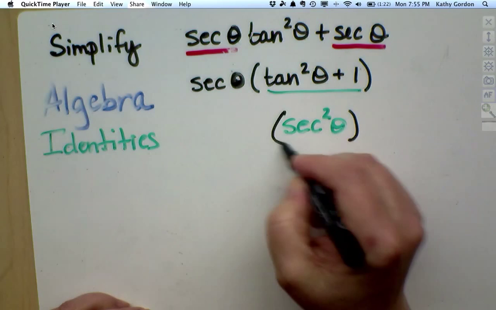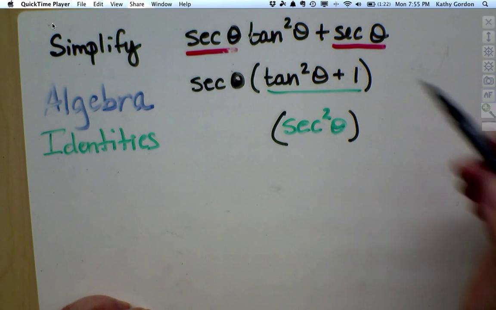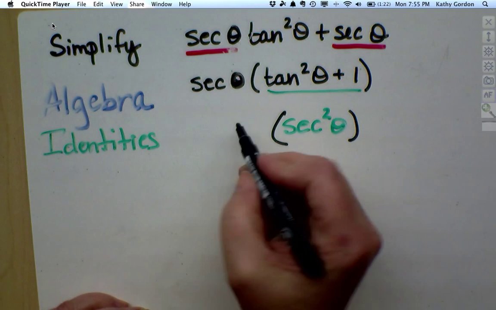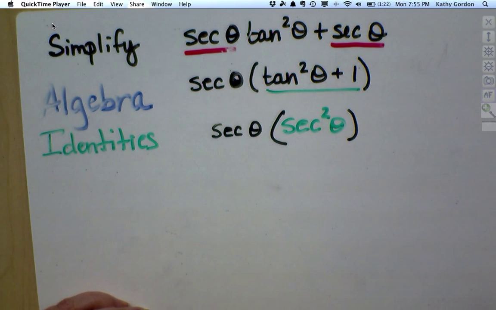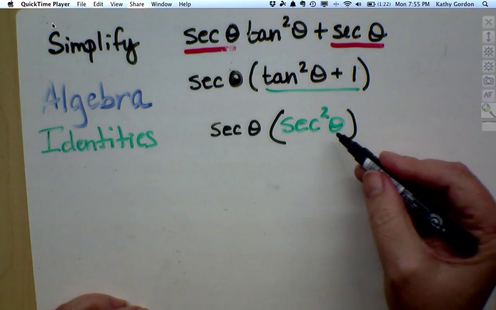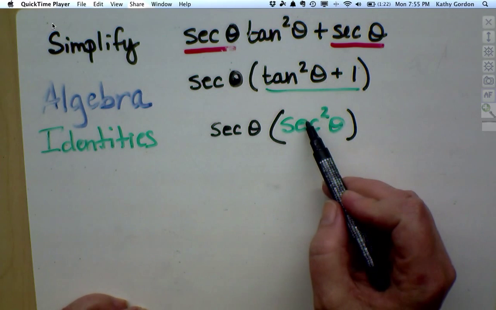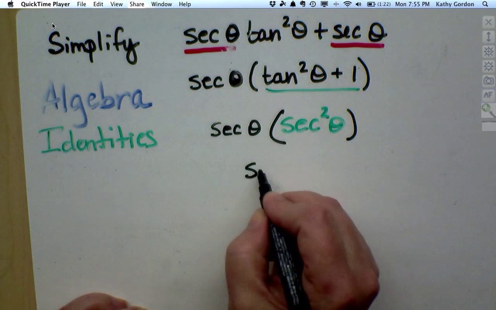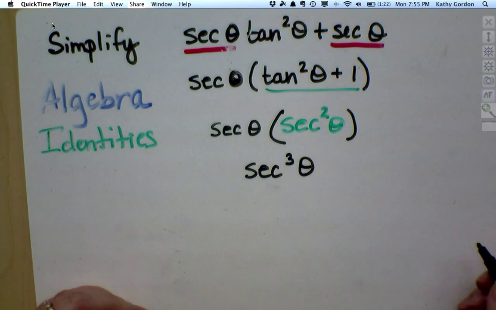The identities tell me that they are equivalent all the time, so I can replace the one expression with the other expression. And because I also have secant of theta still out here, it seems to be a better fit. Because now I can take a secant squared times another secant to get a much simpler form of this expression, which is simply secant cubed of theta.